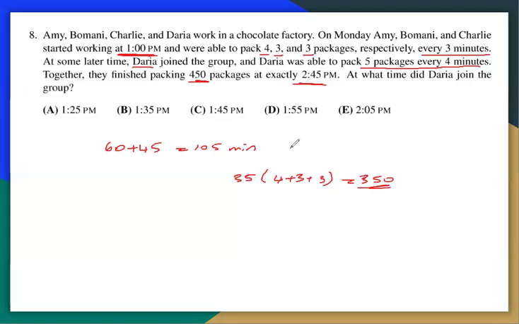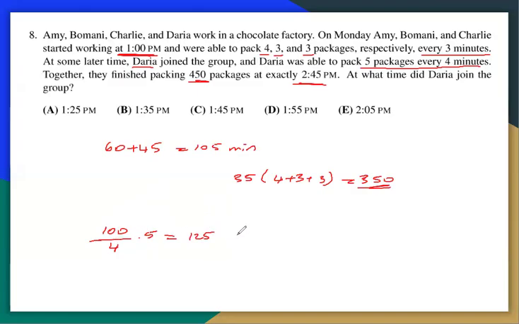So out of 450, the remaining 100 packages have to be done by person D, and person D can finish 5 packages every 4 minutes. So if you divide this by 4, that will tell us how many times those 5 packages will be done. So we can multiply by 5, because every 4 minutes person D can finish 5 packages. So that will be 125.